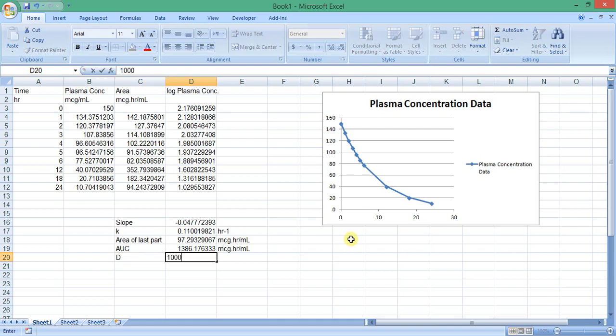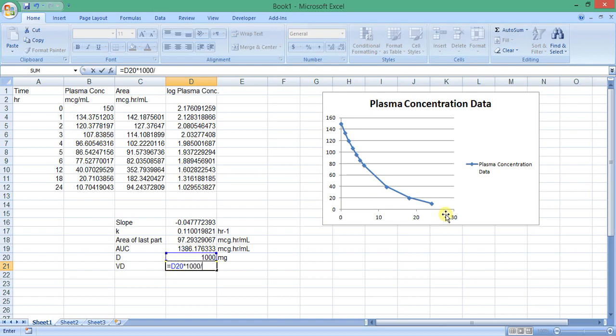So the dose was 1000 milligram. The volume of distribution equals the dose. The dose is in milligrams, so we should convert it to micrograms because the mass part of the plasma concentration unit is microgram. So we multiply it by 1000.